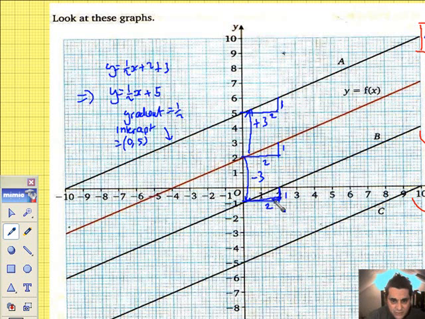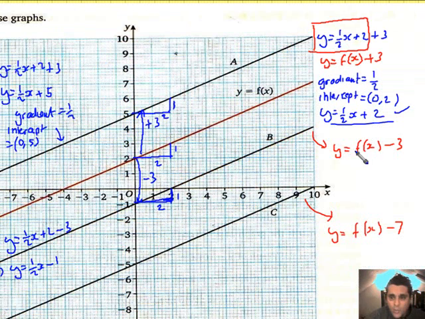So what have I got here? I've got y equals the original half of x plus 2, and I've dropped down 1, 2, 3 units, so minus 3. And this becomes y equals half of an x minus 1, because 2 minus 3 is minus 1. And look where it crosses, minus 1. Therefore I've retained the equation y equals f of x minus 3.